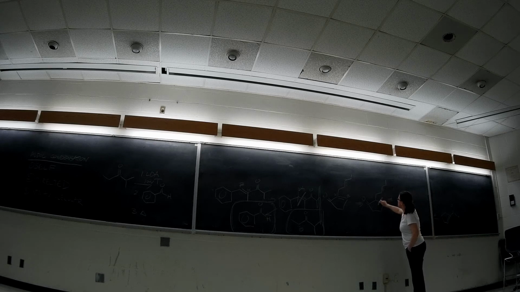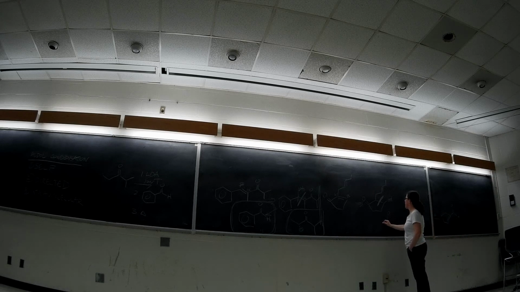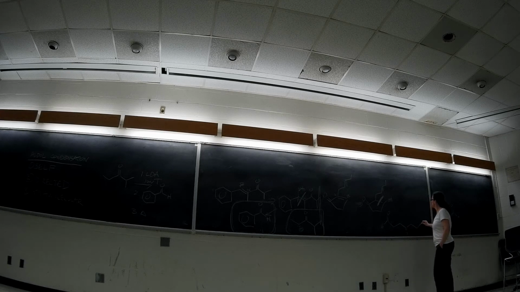So this is my bond that was formed in the intramolecular aldol condensation reaction, okay? And so all I have to do is swing it out and around. Hopefully you can see that. Okay?